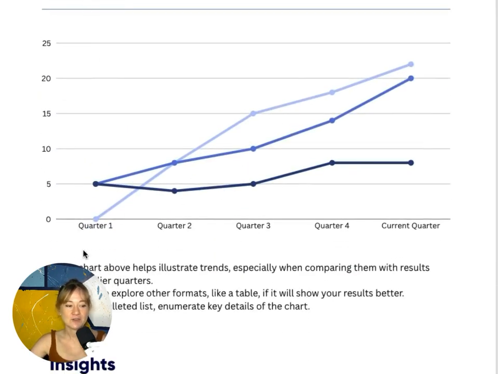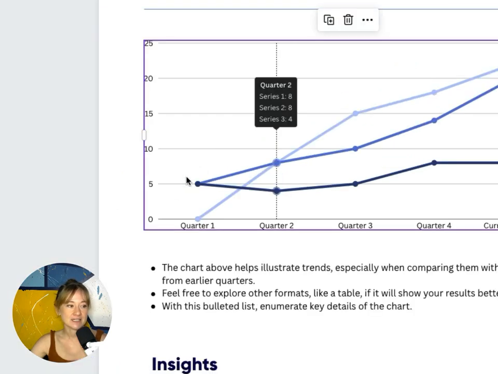Here's the data. This is where you want to track those annual goals by quarter. You could just click into that and you could see right here, if you continue using this in Canva, you can track your data points right here.